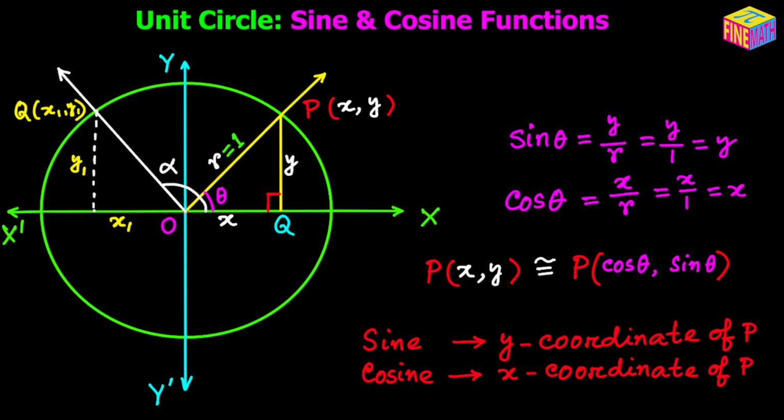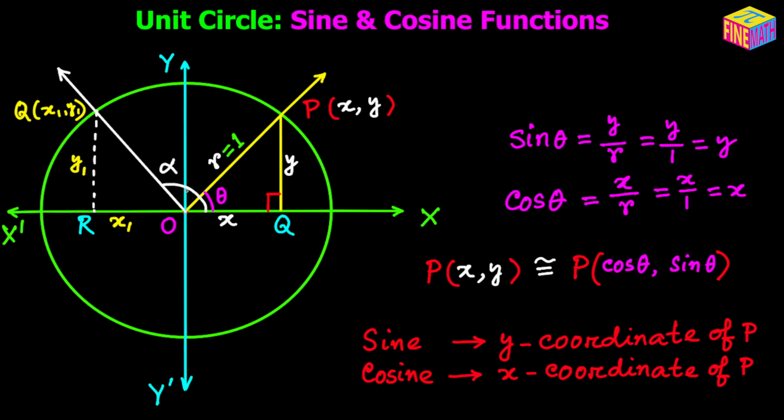So you can clearly see that if we name this point as R, suppose this point is right here, this is R. So OR would be the value of x sub 1 and QR would be the value of y sub 1. Now here also the coordinates of this point will be denoted by the cosine and the sine of this alpha angle.